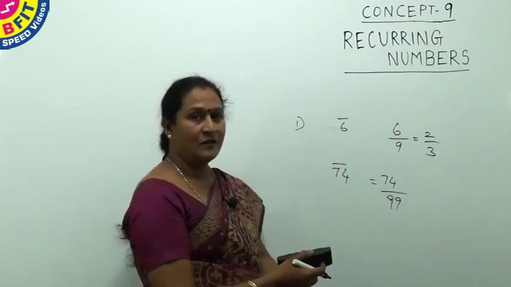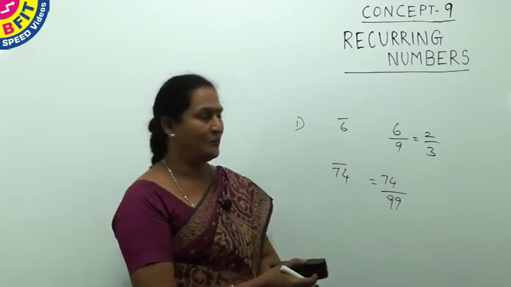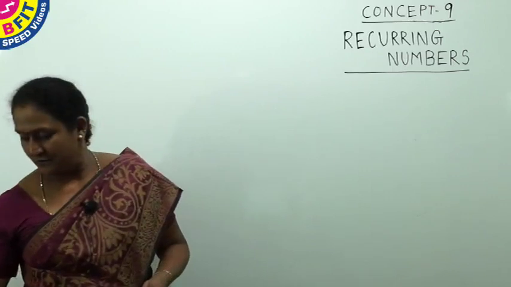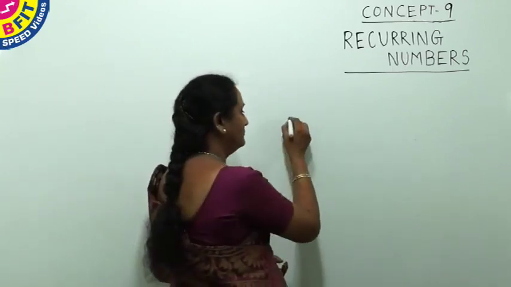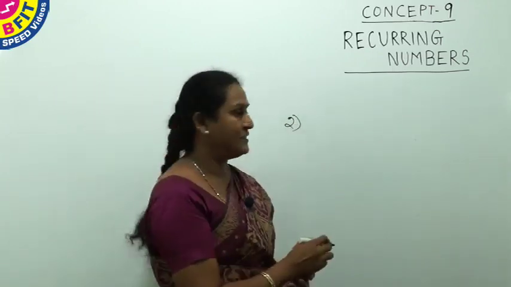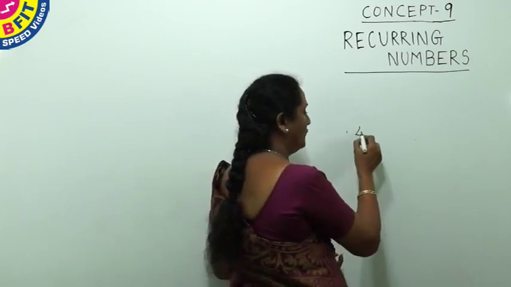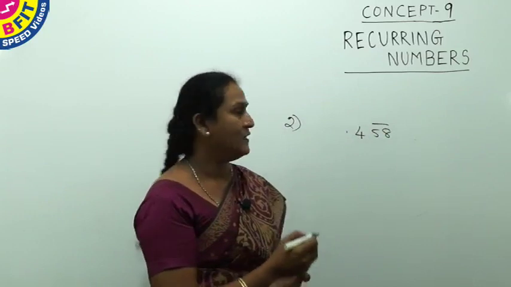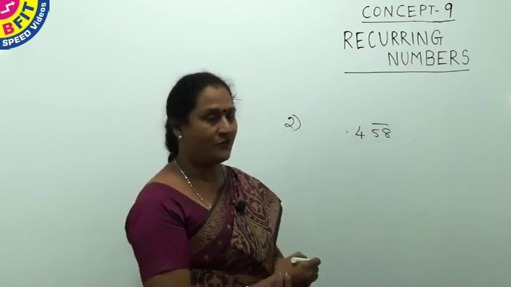Here we have a recurring and a non-recurring number in the decimal part. The second question is 0.458, where 5 and 8 are recurring. What is the answer for this?